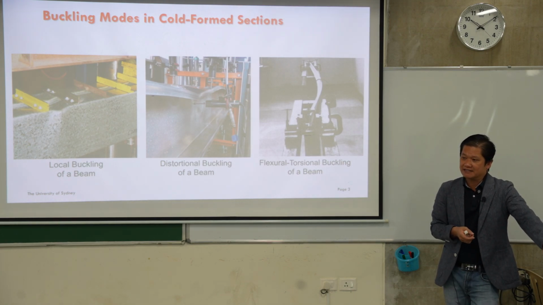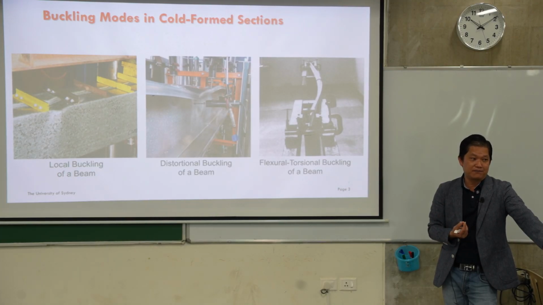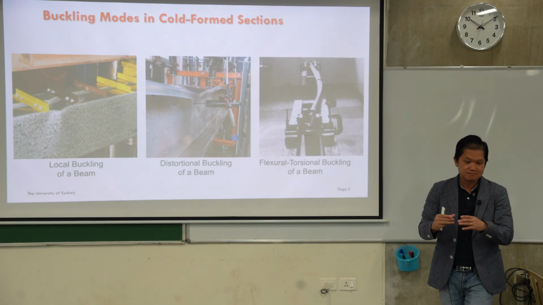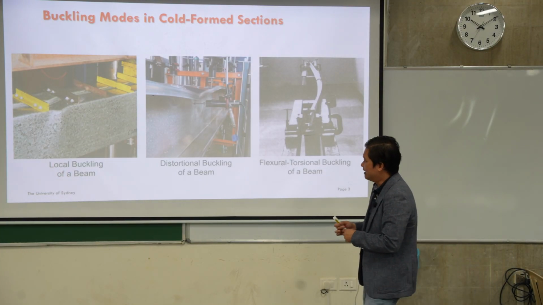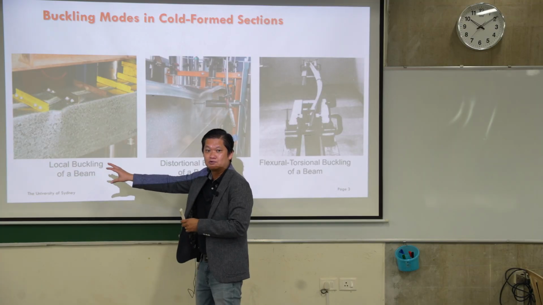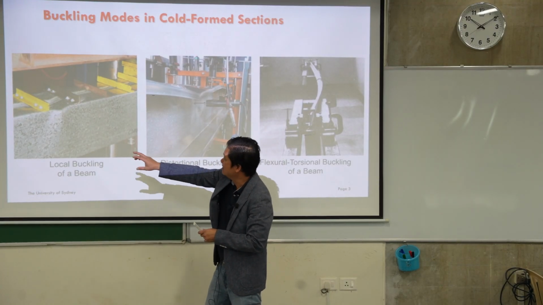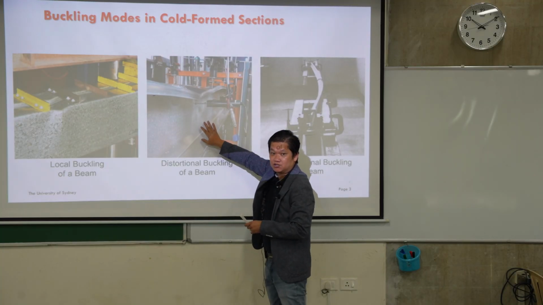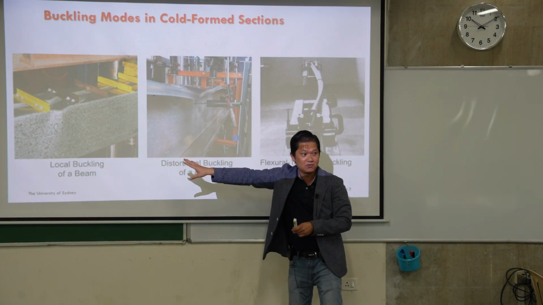We did a couple of examples in the last couple of lectures. The general section is one of the very common sections that we use for cold formed steel, and of course that is an open section. Then it is really sensitive to different failure modes, where it buckles in local buckling or in distortional buckling. That is something new.